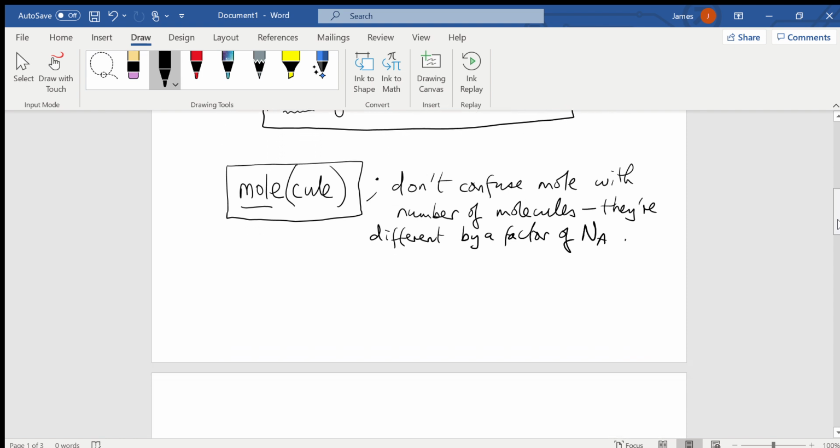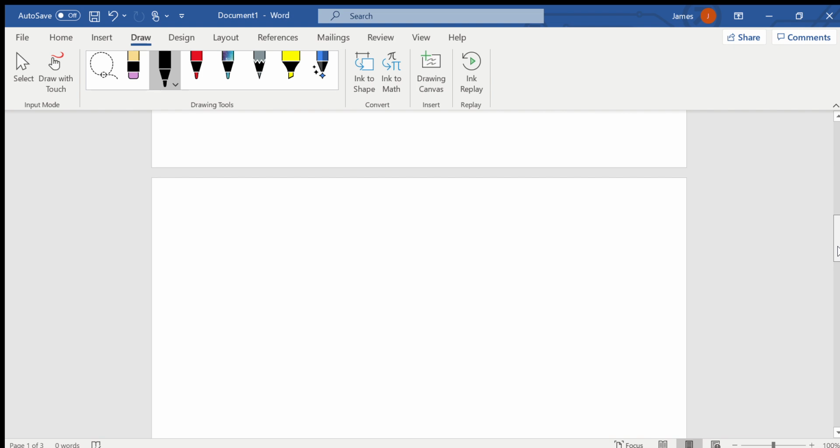Okay, so let's pivot into something chemistry-ish. So first of all, a definition.